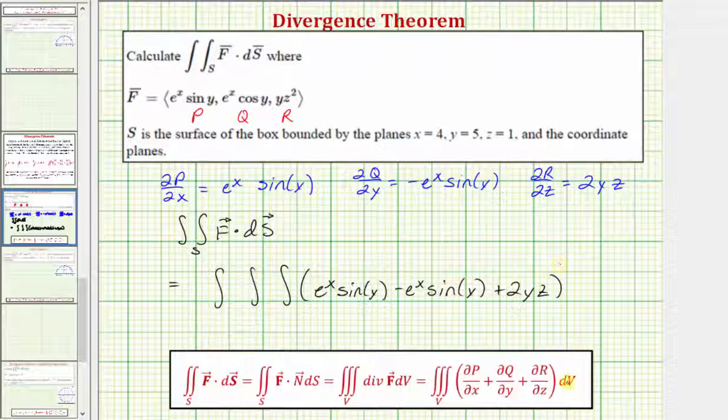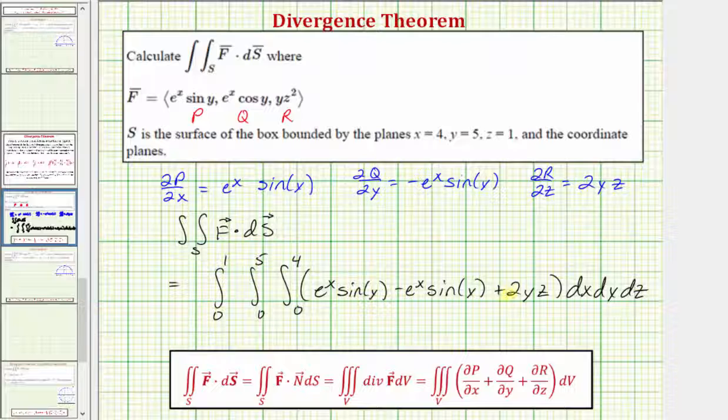And then for dV, let's go ahead and use the order of integration given by dx, dy, dz. The limits of integration for x will be from 0 to 4. The limits for y will be from 0 to 5. And the limits for z will be from 0 to 1.